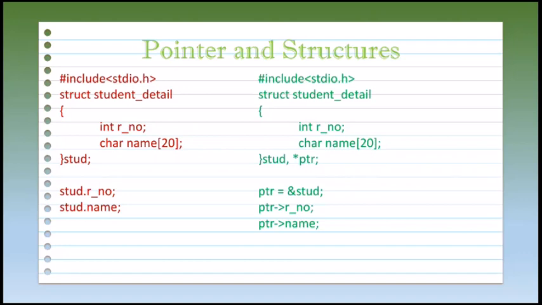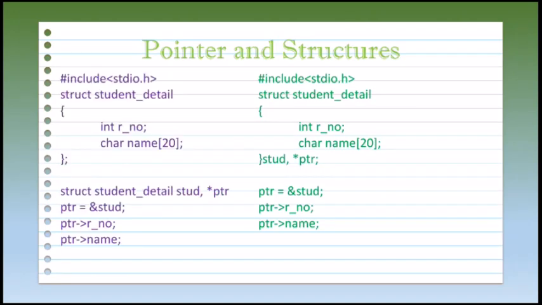The same example we can use in a different way also. So this is another way. In the previous example we were declaring and creating the variables along with the structure, that is, while declaring the structure we were creating stud and another variable, the pointer variable ptr. But here we are creating the structure variable and pointer variable outside the structure declaration. So it looks almost similar.